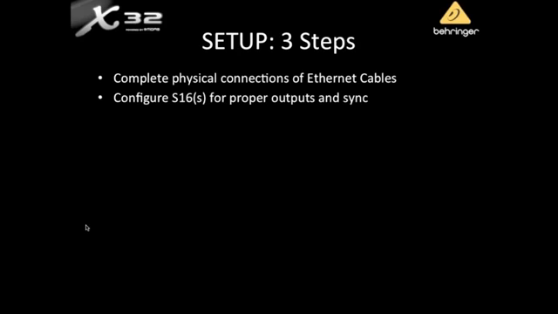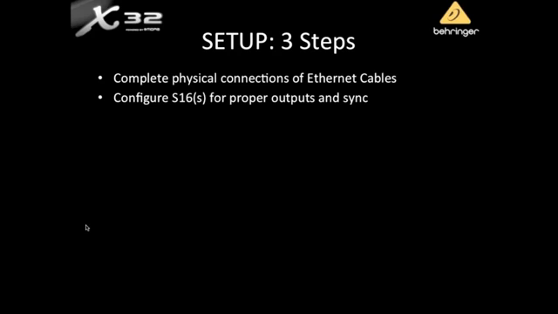There's basically 3 steps that you need to do to get the S16s and the X32 talking to each other. We're going to go over those in detail, but let's just do a quick summary. The first thing you're going to need to do is physically connect your S16 and the X32. This is where you're going to be plugging in your Ethernet cables, hopefully on your EtherCon connections. Then we're going to want to configure the S16s for the proper sync settings and for the proper outputs.